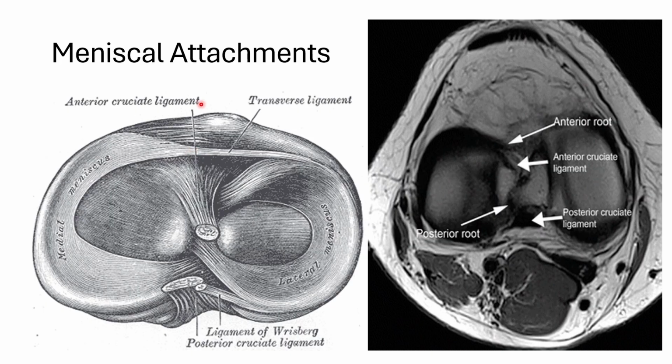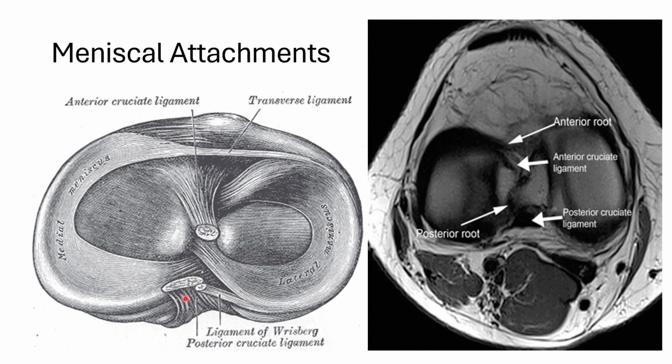Now the medial aspect attaches to the deep fiber of the medial collateral ligament. So we can see here this dark structure is the medial collateral ligament, and the posterior horn attaches to the posterior intercondylar area of the tibial plateau. So this is the posterior root that attaches in between the insertion of the PCL on the tibial plateau.